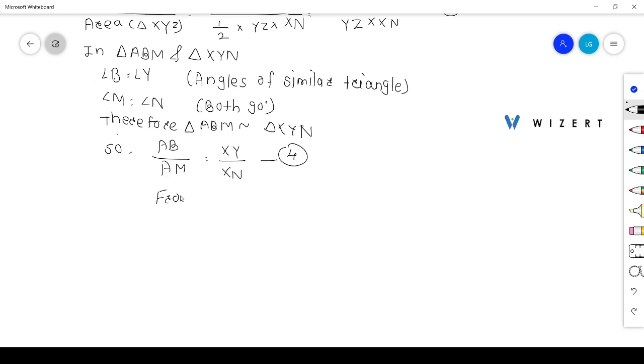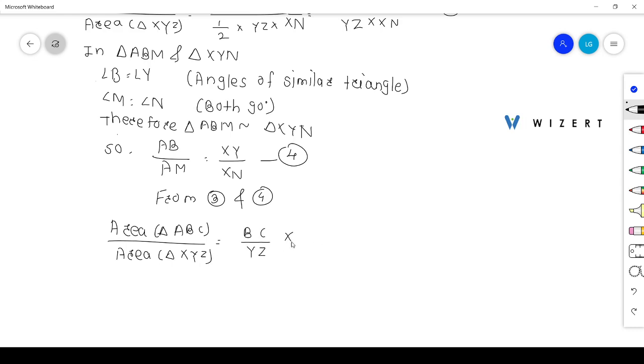Now from 3 and 4 we can observe area of triangle ABC divided by area of triangle XYZ equals BC upon YZ into AM upon XN. So this equals BC upon YZ into AB upon XY.